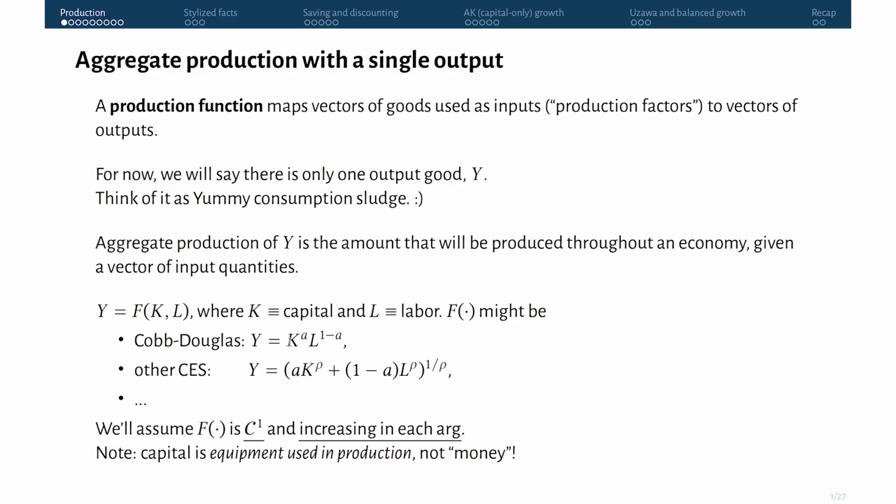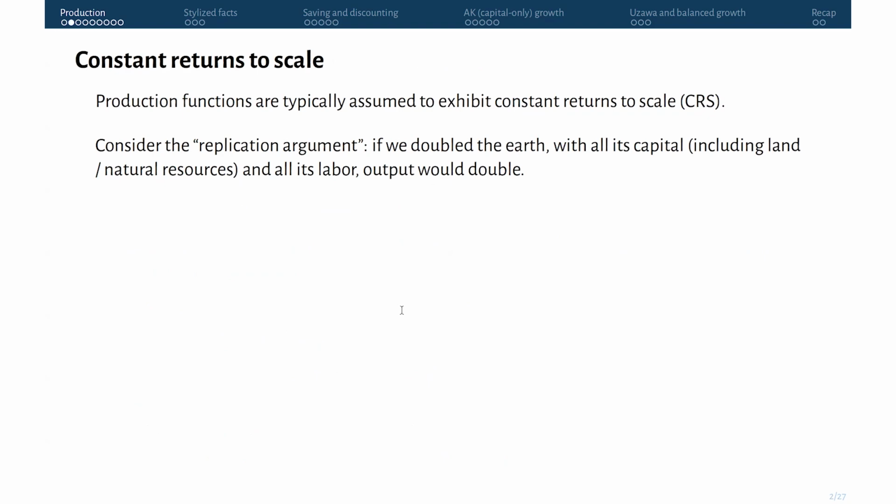So if you double the amount of capital and the amount of labor, you multiply output by 2 to the A plus 1 minus A. And that is very widely assumed. The basic reason is the replication argument. If you imagine we doubled the Earth with all of its capital, including its land and natural resources, and all its labor as well, you just have double the factories, double the roads, double everything. Output would double.